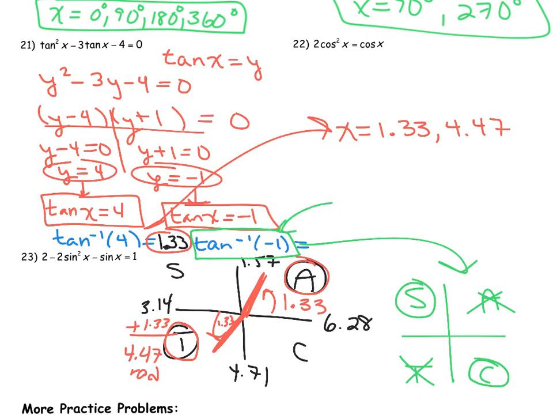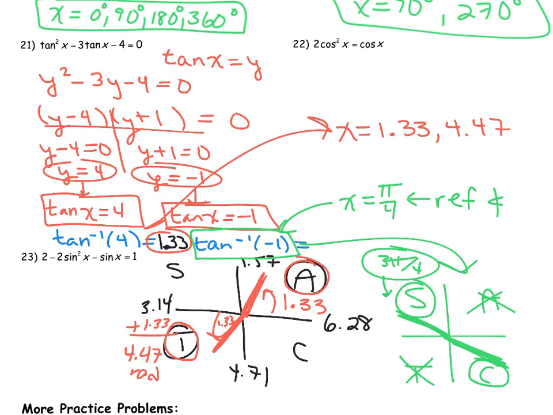Well, that reference angle is 45 degrees, or pi over 4. So if my reference angle is 45 degrees and I'm in the second and the fourth quadrant, I know that this radian measure here will be 3 pi over 4. And then this measure here will be 7 pi over 4.